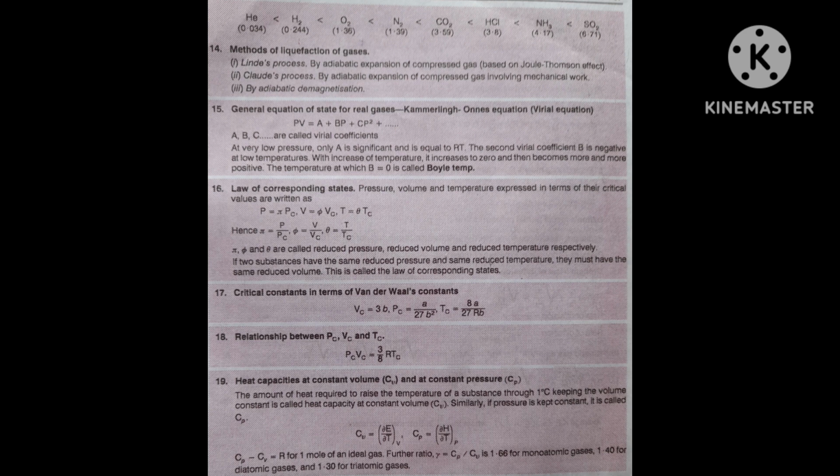And another important point related to this: Cp upon Cv, the ratio of these two, is called gamma. Cp upon Cv, its value is called gamma. For monoatomic gas, examples of monoatomic gases are the inert gases: helium, neon, argon, krypton, xenon.